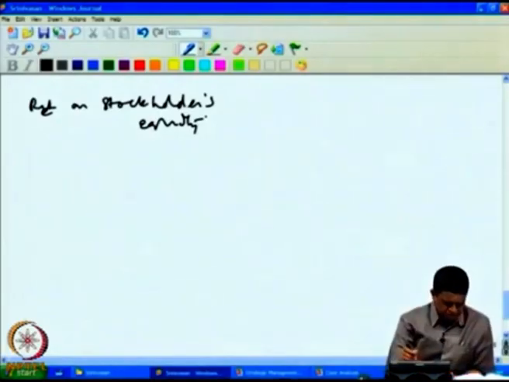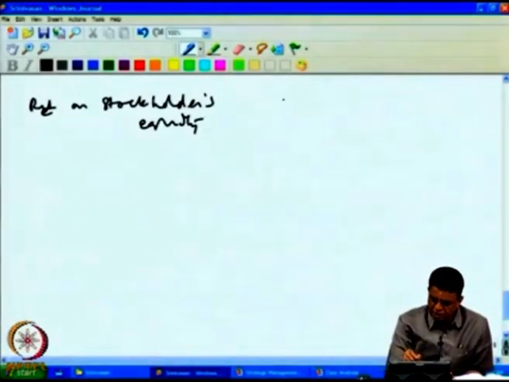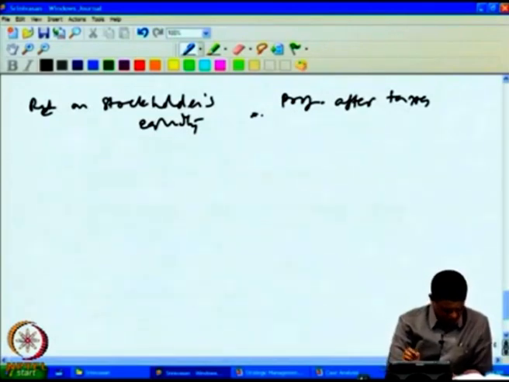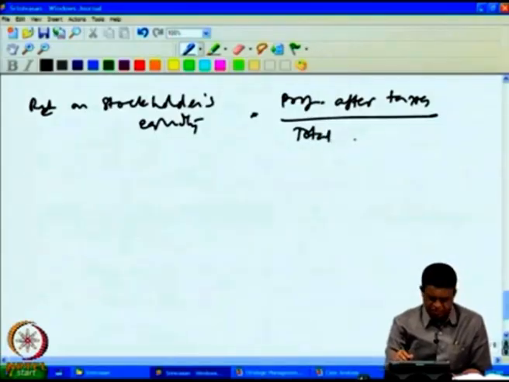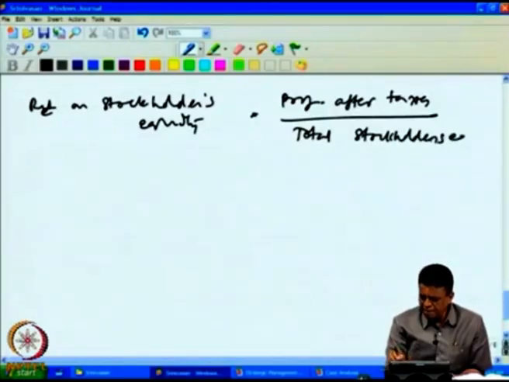Return on stockholders equity is calculated by profit after taxes, kindly note all this formula carefully, divided by the total stockholders equity.